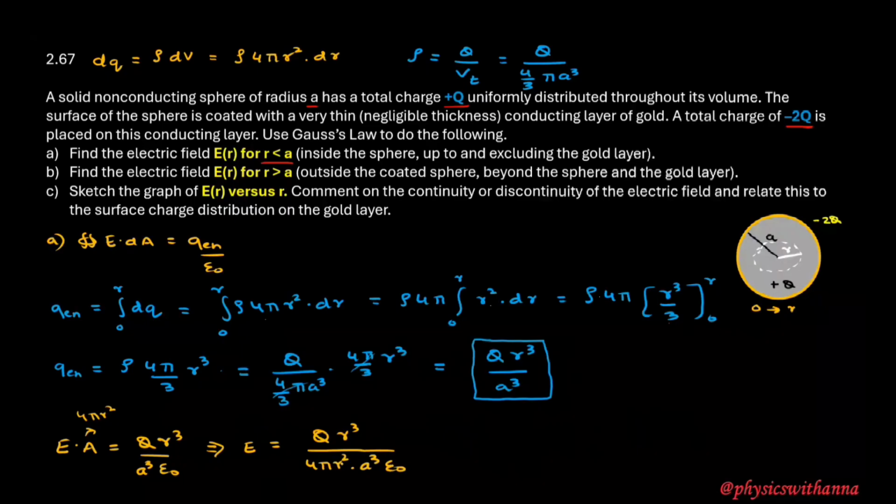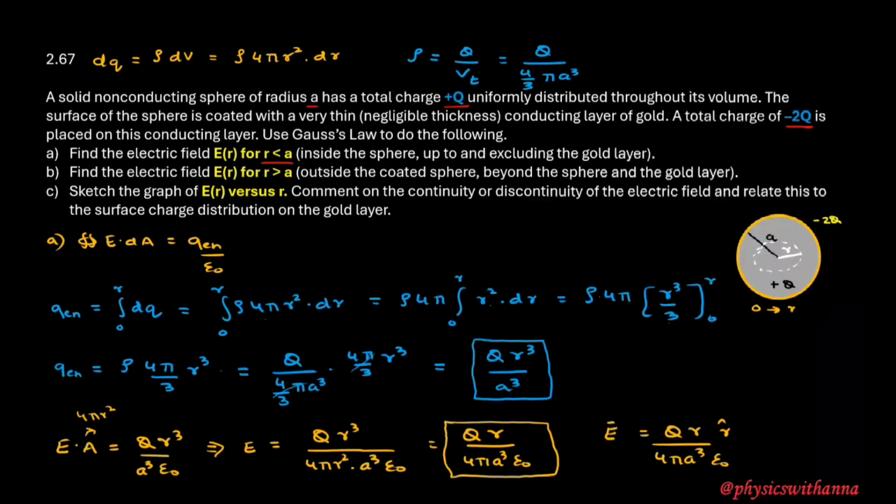Cancel the common terms, r squared and r cubed will cancel, leaving Q r over 4 pi A cubed epsilon naught. So this is how you can calculate electric field due to a non-conducting sphere in region inside the sphere. And if I were to write this in vector form, electric field E bar equals Q r r cap over 4 pi A cubed epsilon naught.